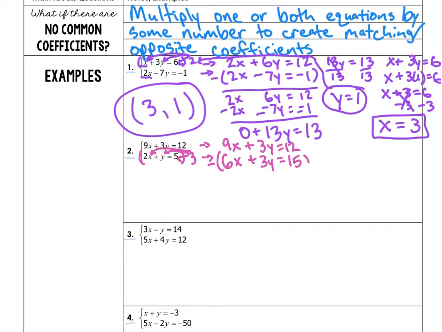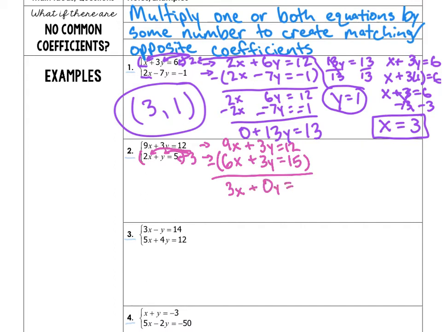All right, this is now the review part from what we did last time. So let's just go ahead and do this. Remember that we're going to have to distribute that negative. So this will be 9 minus 6, which is going to be 3x. Then 3y minus 3y, that's going to be 0, so I'll put 0y.